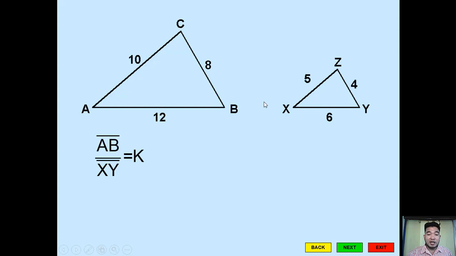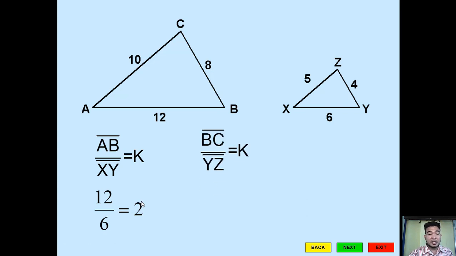So in this case, since these two are proportional, we may say that AB over XY is equal to K. So you will have 12 over 6, since AB is 12 and XY is 6, so this is 2. The proportion is equal to 2. And then BC over YZ is equal to K also.